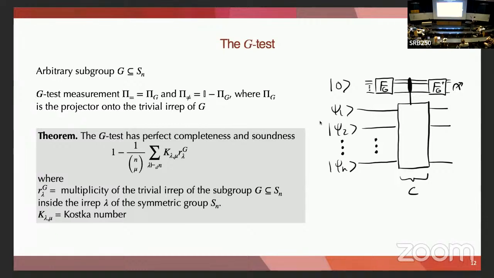The other ingredient we need is the multiplicity of the trivial representation of the group G inside an arbitrary irreducible representation lambda of the symmetric group. This is a classical restriction problem in group theory. For some groups G we can answer this rather easily, but for some it will be a very hard problem in principle.